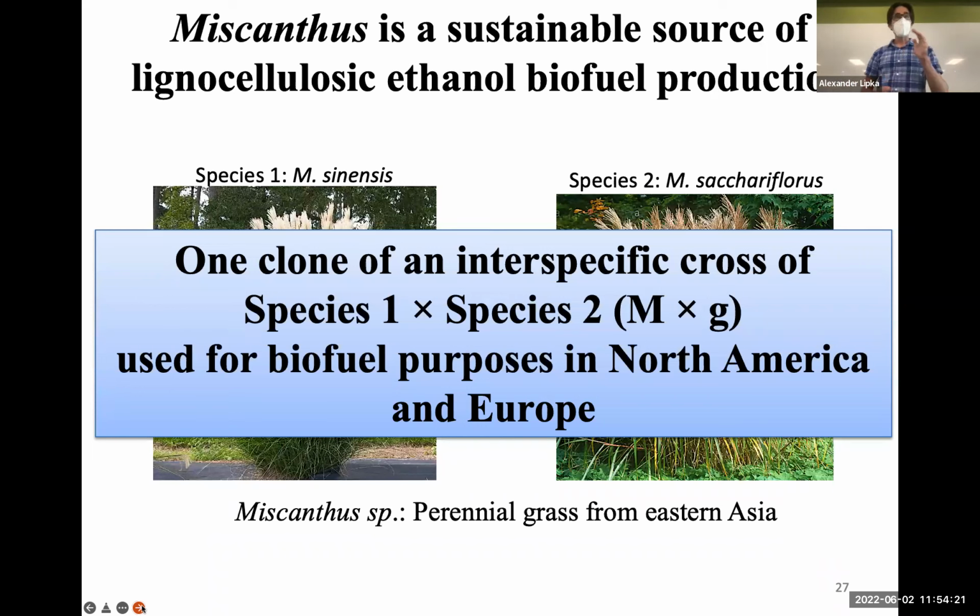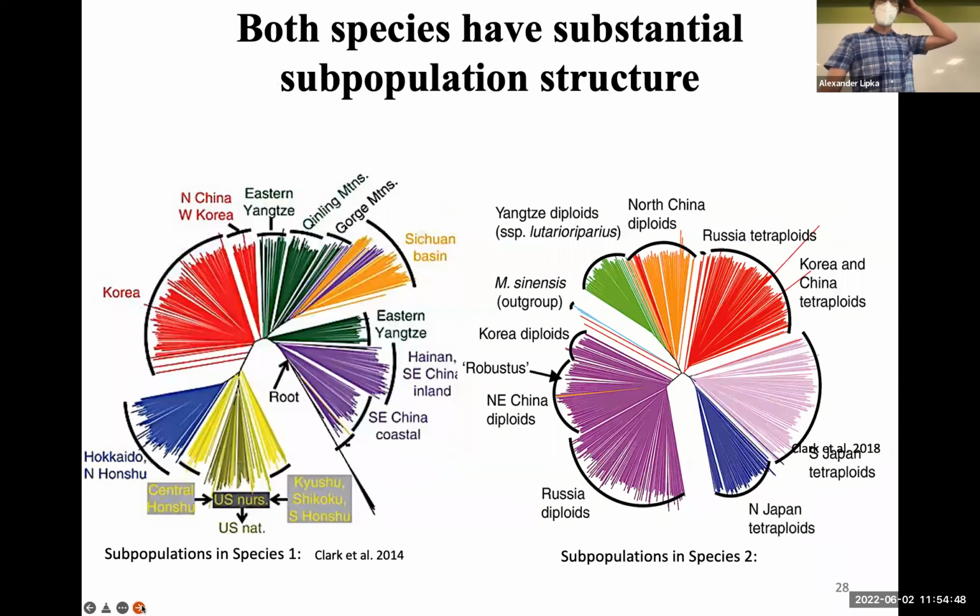There's a problem: most of the clones of this interspecific cross are just one genotype. So if a disease comes into North America, it's going to wipe out your Miscanthus biofuel crop. There's an urgent need to increase the genetic diversity in Miscanthus. That motivated the study I'm about to show you.